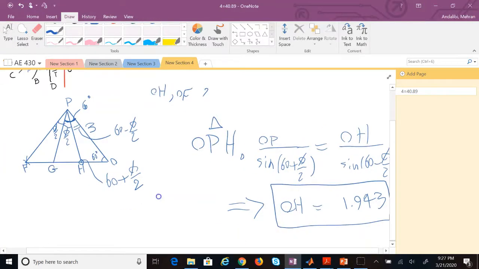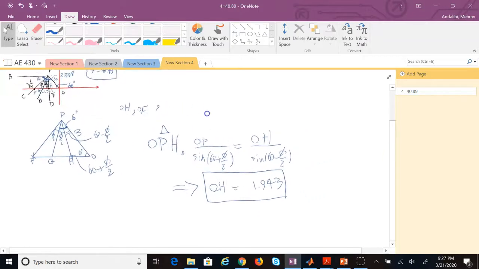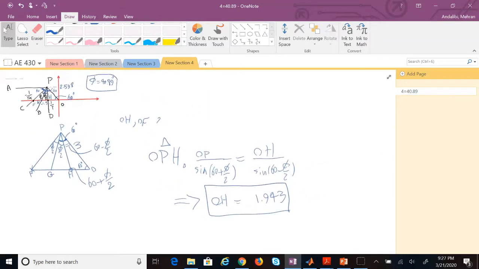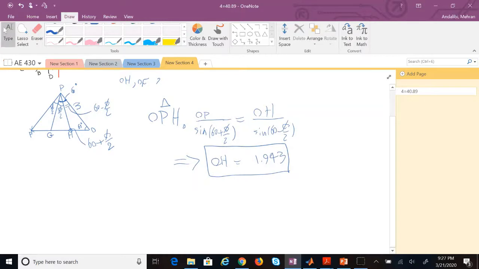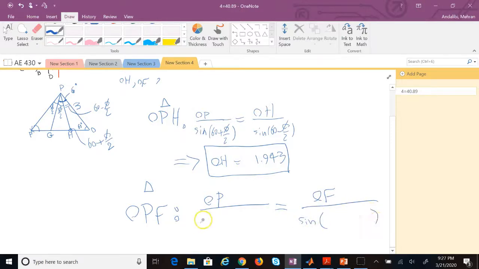Now, what about the location of the pole F? This time I look at the big triangle, OPF. If I look at OPF and apply the law of sine again, I can say OP divided by the sine of this angle, if I can find it, is equal to OF divided by the sine of the top angle. And what is the other angle?